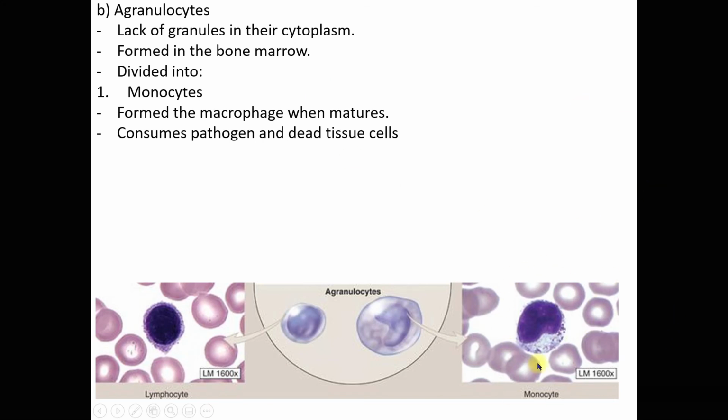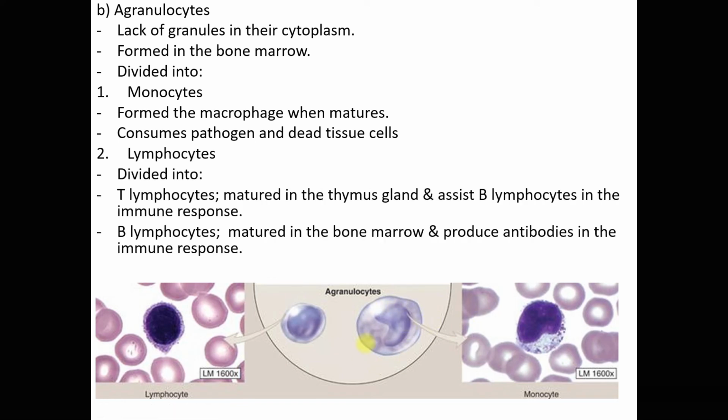Monocytes form the macrophage when matured. Bila sudah matang, monocyte ni akan jadi macrophage. Macrophages consume pathogens and dead tissue cells. How the macrophage consumes pathogens, you will learn in detail in SEM 2, in immunity.